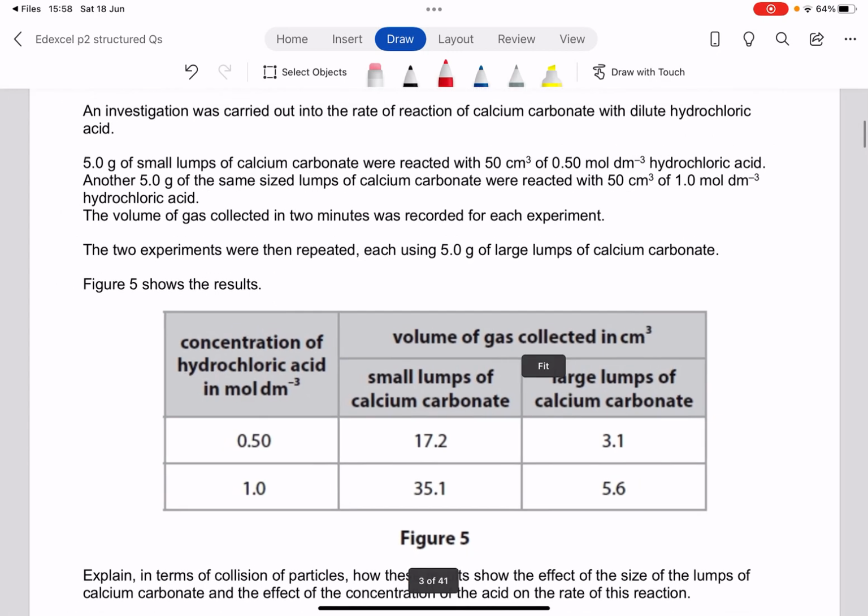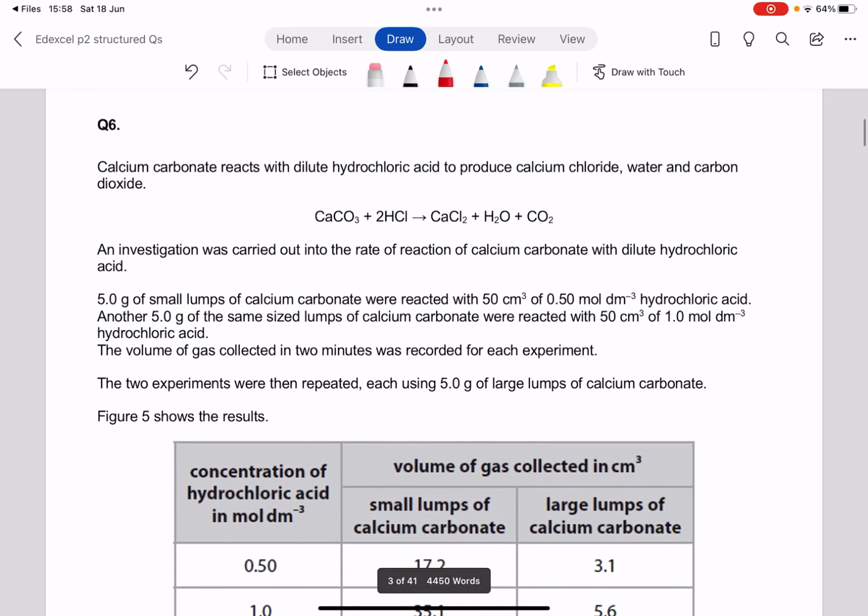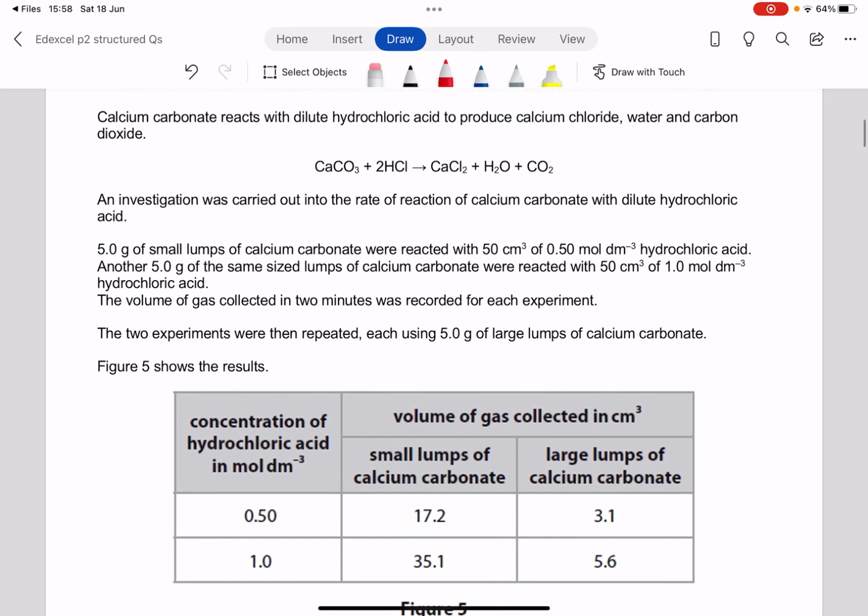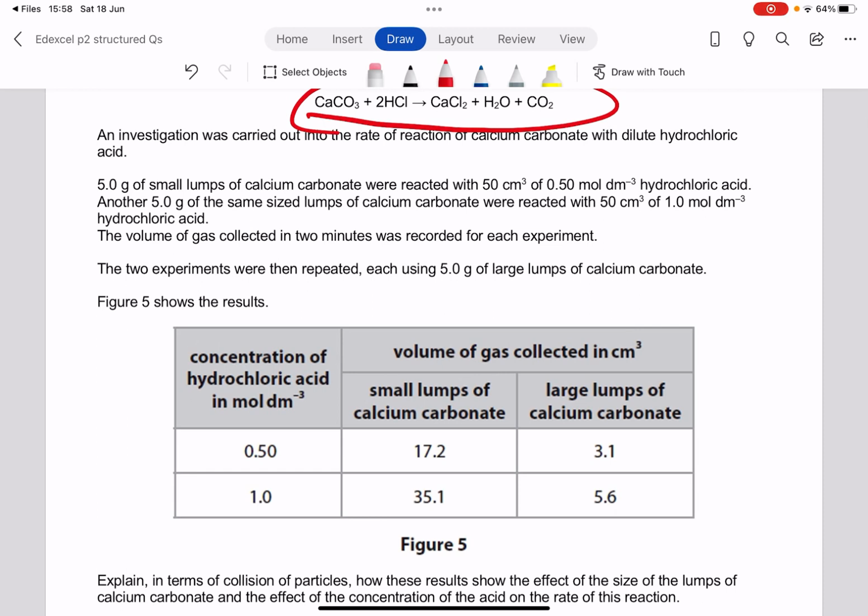Another rate question. Now notice they've given you the equation. They've asked you that an investigation is carried out into the rate of reaction between calcium carbonate and hydrochloric acid. In the first instance, the concentration of hydrochloric acid is 0.5.